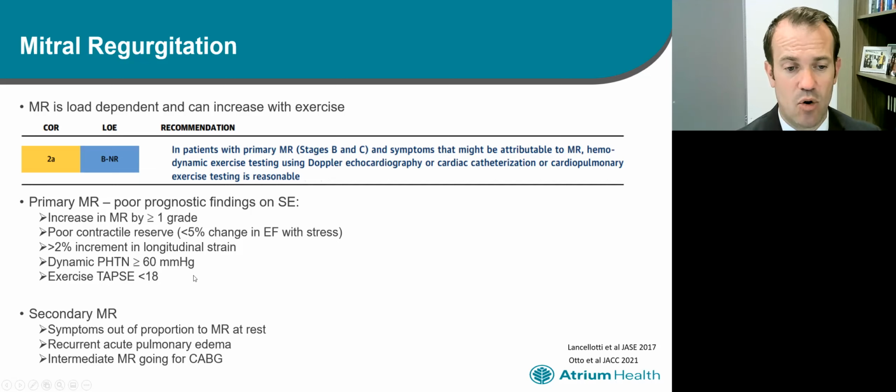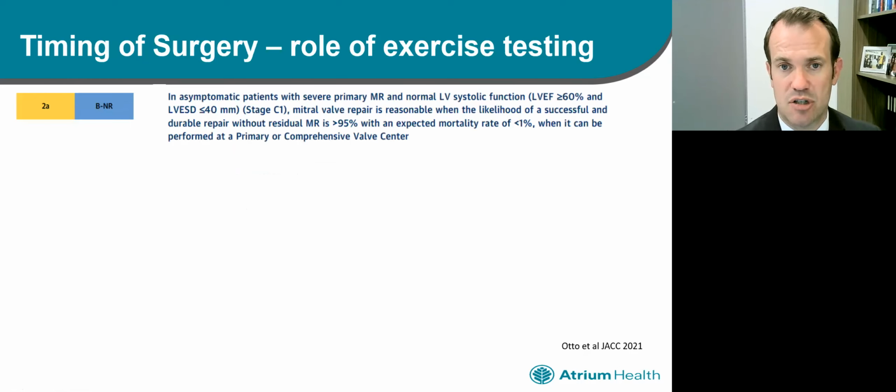Exercise stress echo is also indicated for secondary MR if we see that the symptoms are out of proportion to the MR at rest, if there's recurrent acute pulmonary edema, or if the patient is going for CABG. So the stress echo can really inform timing for surgery. If a patient is asymptomatic with severe primary MR, it tells us whether we can still go for surgery.